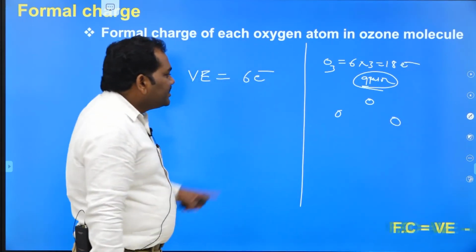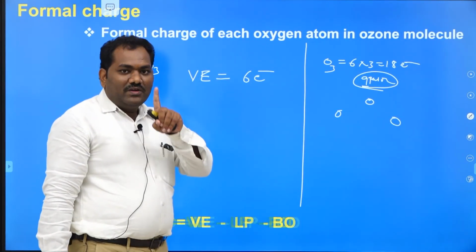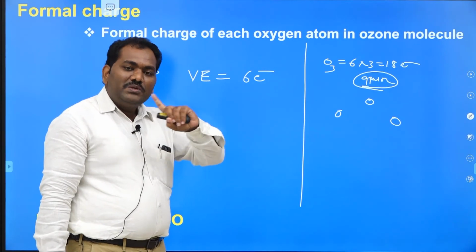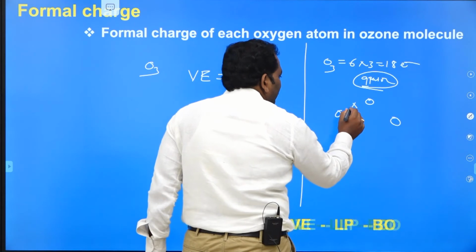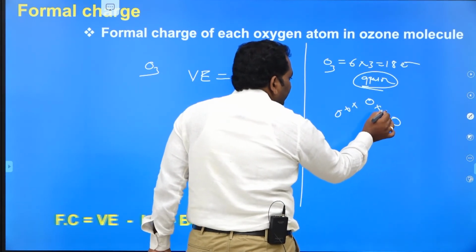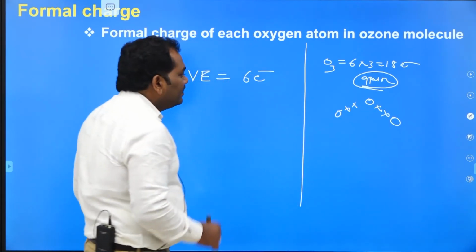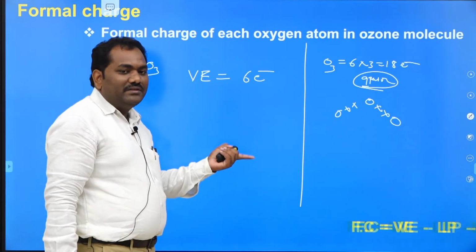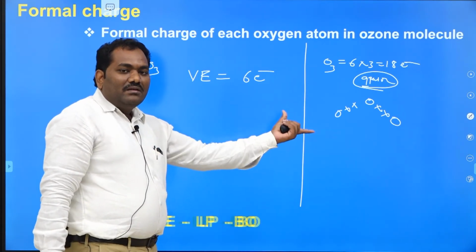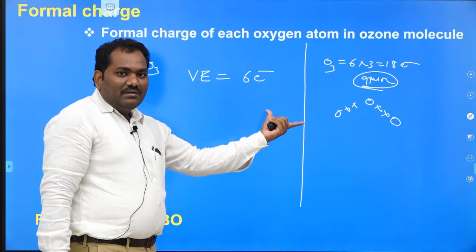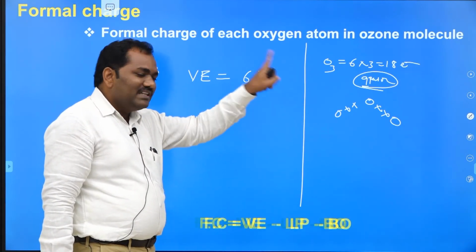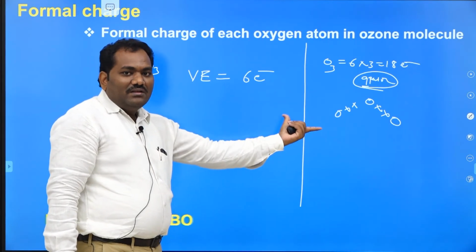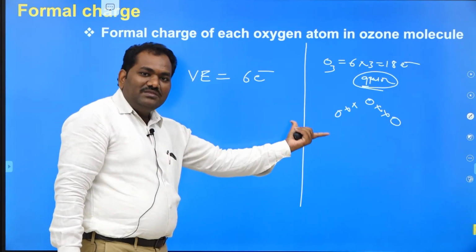And also distribute the electrons: one bond pair of electrons between the two atoms in the molecule. So I kept one bond pair between every two oxygen atoms, and the remaining electrons are distributed to the more electronegative atoms. Here all are oxygen atoms, so the central atom is considered the less electronegative atom, and the outer atoms are considered more electronegative.